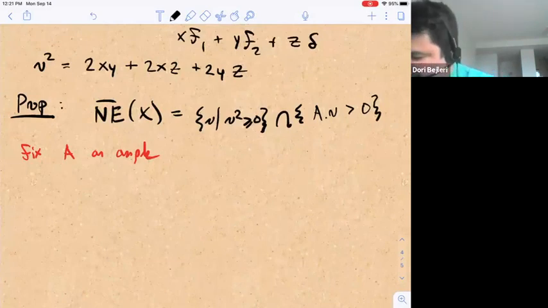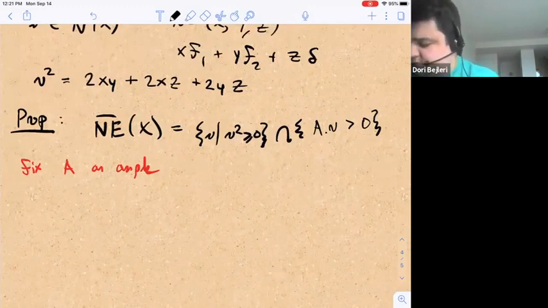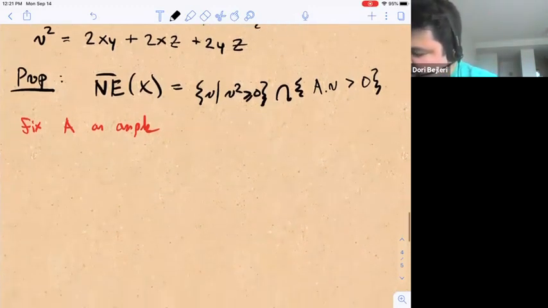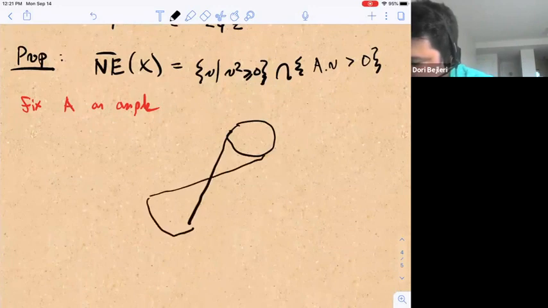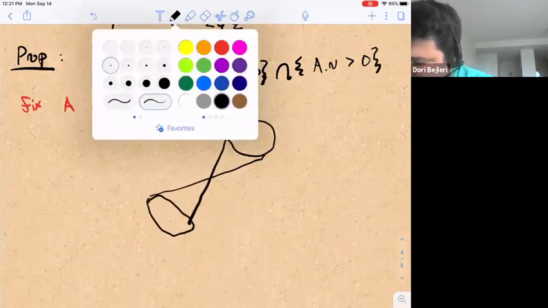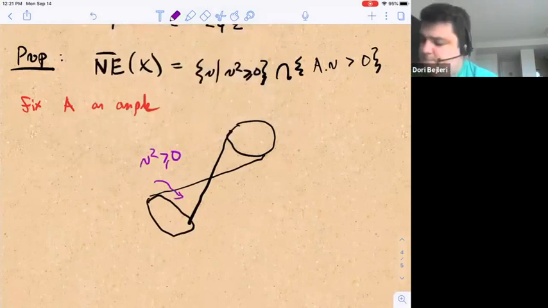So let me draw a picture. We have this inner product, so we know what v squared is. We can write it down in terms of x, y, and z. And if you do that, you get this kind of circular cone. So this cone is the cone of vectors whose square is greater than or equal to 0.